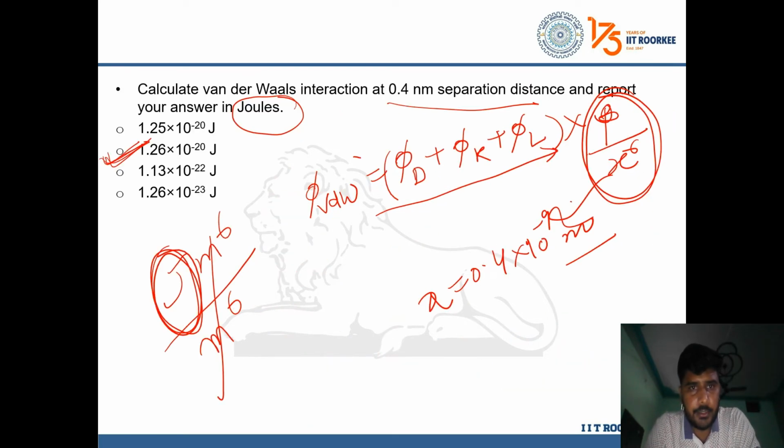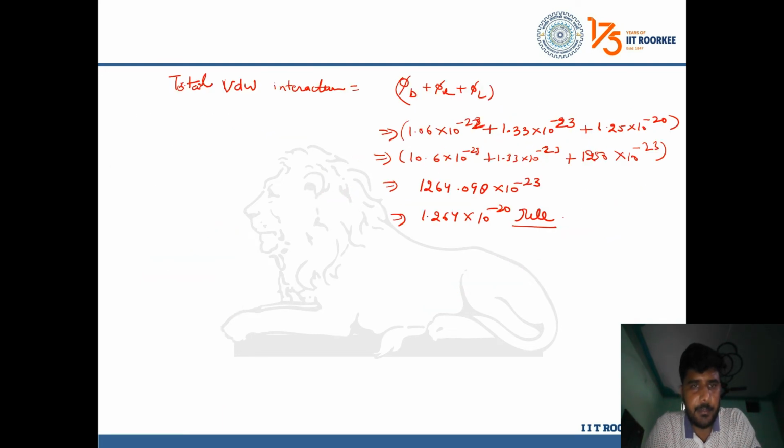And you have to calculate the total van der Waals interaction at 0.4 nanometer separation distance. You can easily calculate like this. I have already explained these problems in detail in my previous sessions, so you can see the solution there.